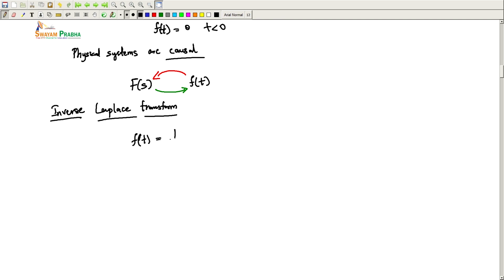So, f of t is equal to 1 by 2 pi j integral of F of s e to the power s t ds, and the integration limits go from sigma c minus j omega to sigma c plus j omega.